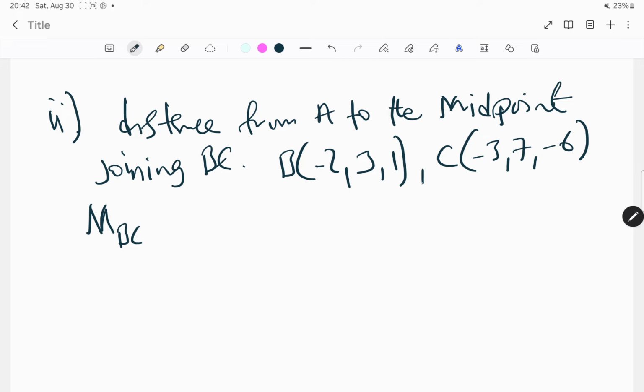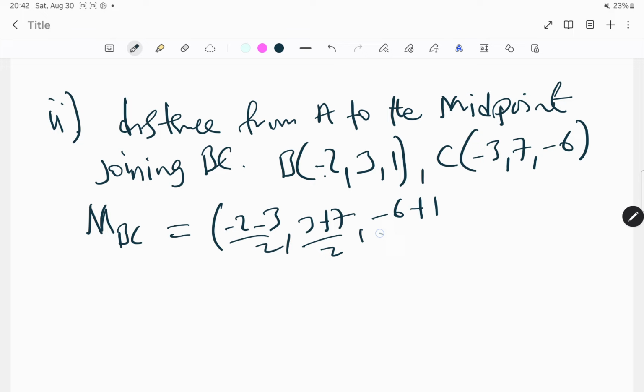To find the midpoint, we add the corresponding coordinates and divide by 2. So the midpoint will be -2 plus -3 divided by 2, then 3 plus 7 divided by 2, and -6 plus 1 divided by 2.